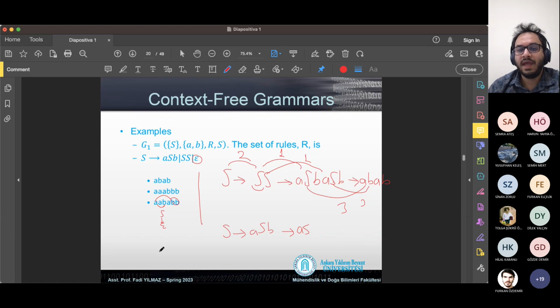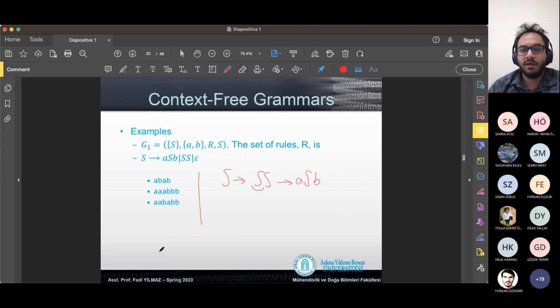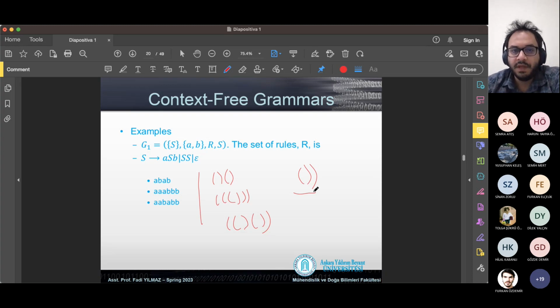If you think about A as an opening parenthesis and B as a closing parenthesis, then it should be like this: A, B, or A, B, B, B, A, B, A, B, B. So there is no way to have something like A, B, B. So this can be used for parentheses to see whether the parentheses are correct or not. Okay, guys.